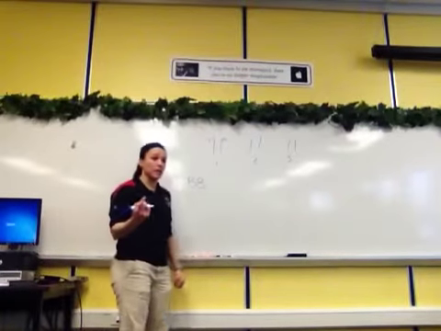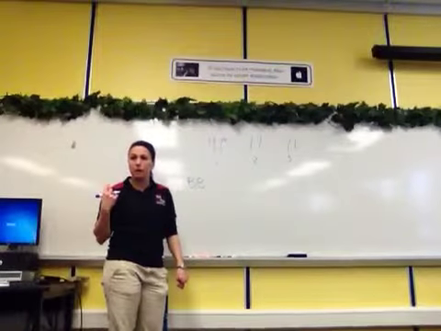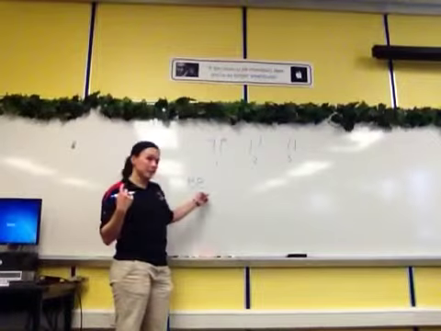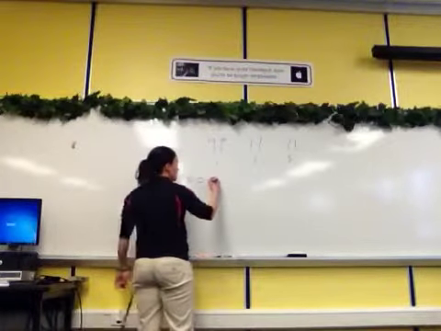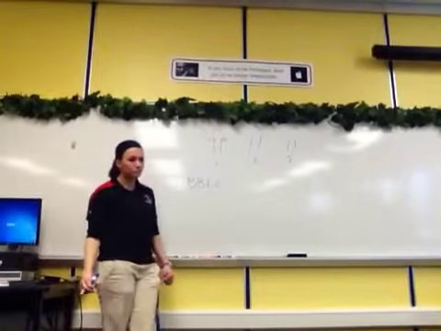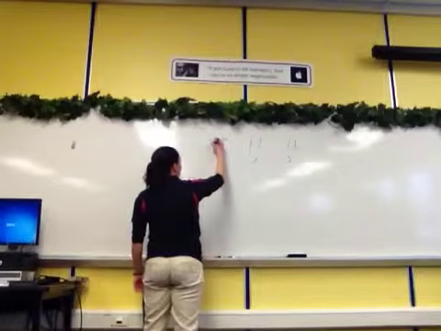Okay? So if I were to say, well, I have homozygous dominant brown hair, but I have heterozygous brown eyes. We can't use B's again for eye color. So let's say we use E's. Brown's dominant. So I have heterozygous brown eyes, but homozygous dominant brown hair. How do you have heterozygous eyes?